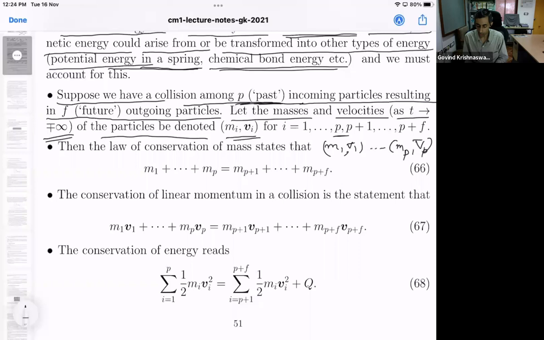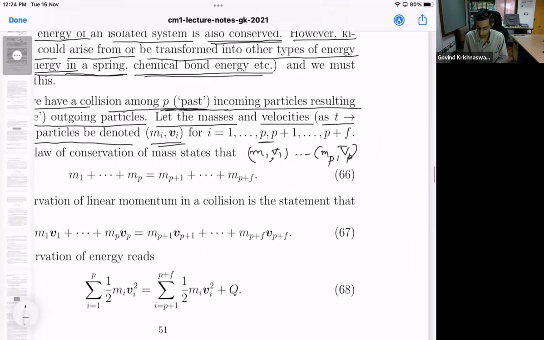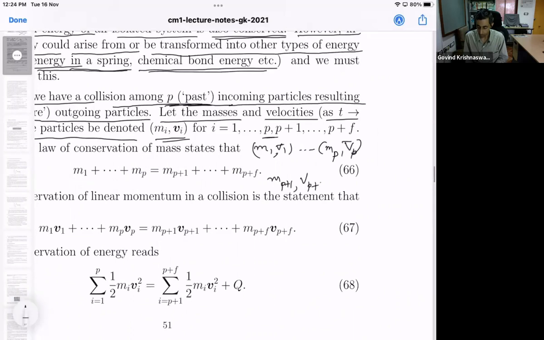Then you have the masses and velocities of the outgoing particles, which would be denoted as m(P+1) v(P+1) for the first outgoing particle, and so on up to the last one, m(P+F) v(P+F). This would be one way to label the particle masses and velocities in the far past and in the far future. This is as t goes to minus infinity, and this is as t goes to plus infinity.